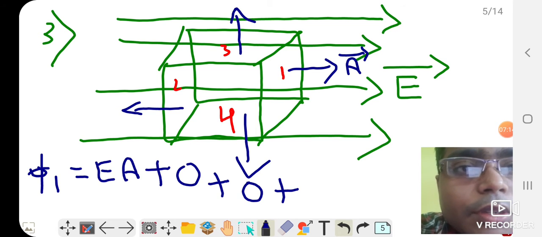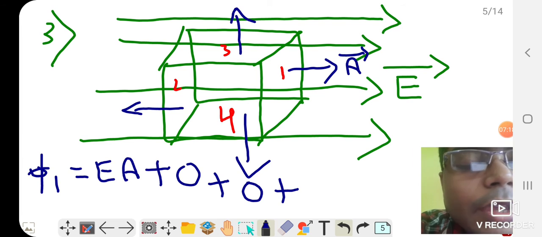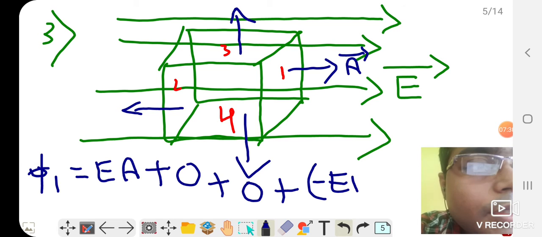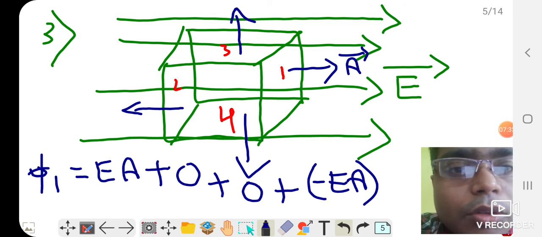And for the second surface, the area vector and the electric field are opposite in direction. So what will be the angle? It will be 180, and cos 180 is minus 1. So this will be minus EA. So what is the total flux? The total flux will be 0.